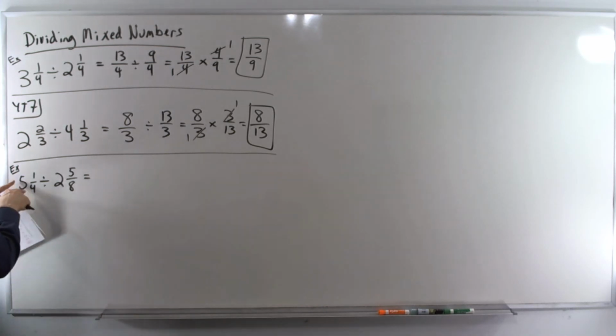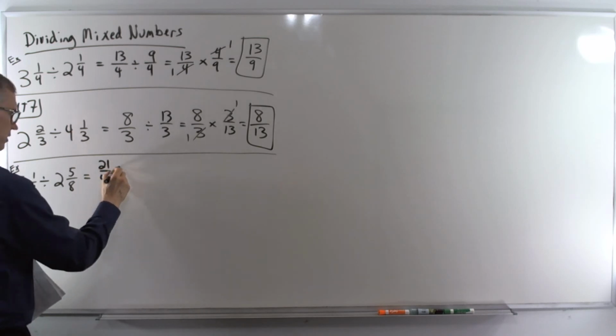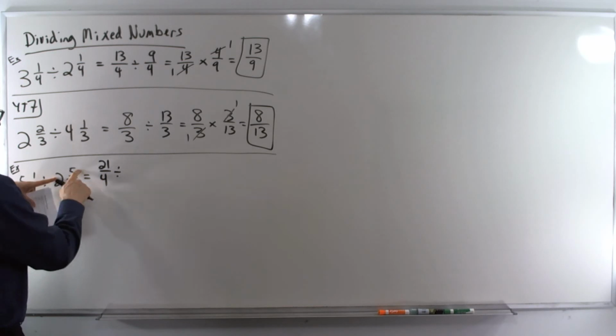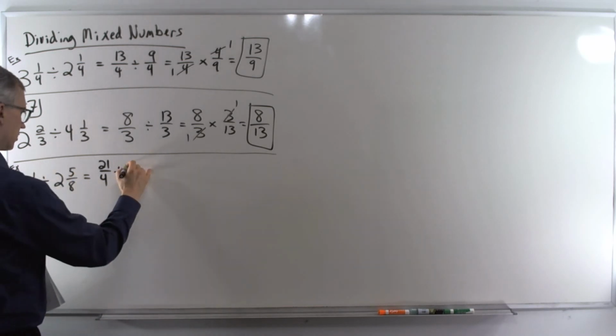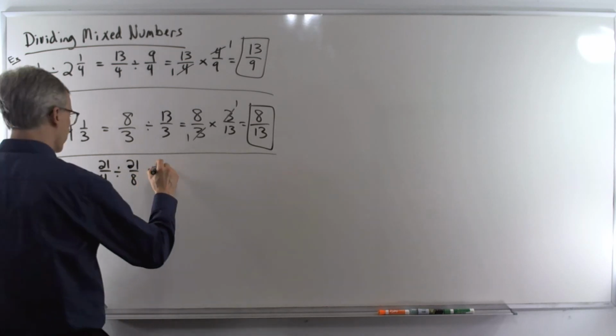Next example, 5 times 4 is 20, plus 1 is 21. So that changes to 21 fourths. I'll do 2 times 8 is 16, plus 5 is 21. 21 eighths. Converting to multiplication.